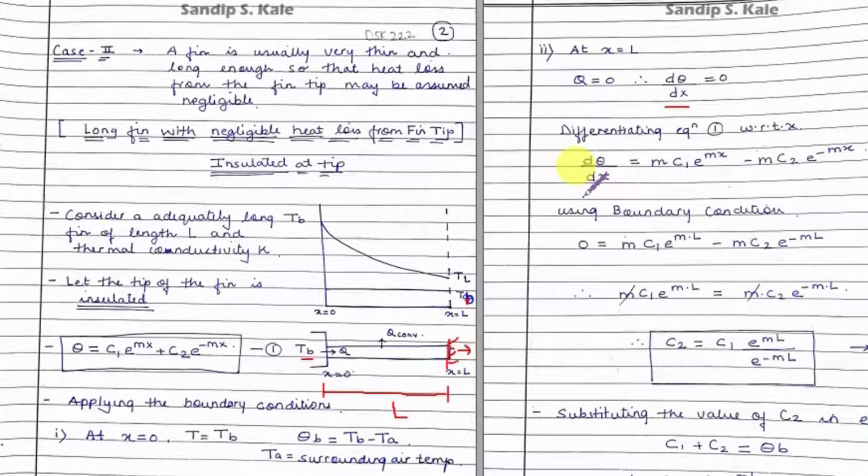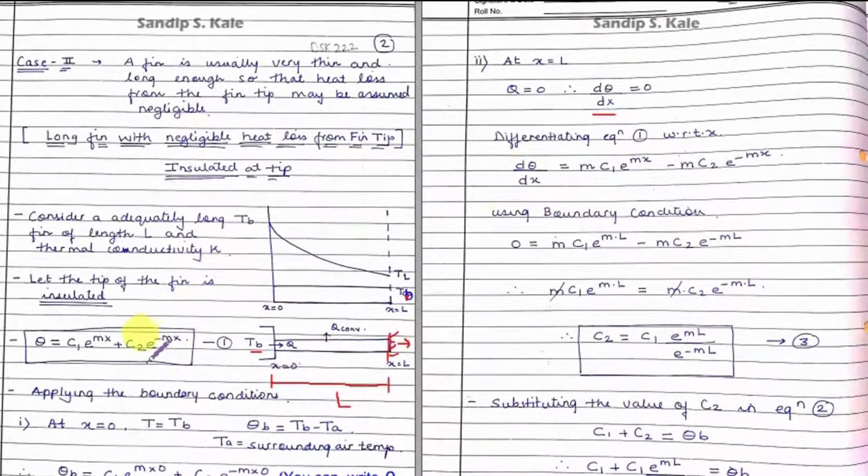So after differentiating, c1 is constant, so m goes down, that is m multiplied by c1 e to the power mx, and the minus sign also goes down, so it is minus m c2 e to the power minus mx. Now using the boundary condition, you know that at x is equal to L, d theta by dx is equal to 0.